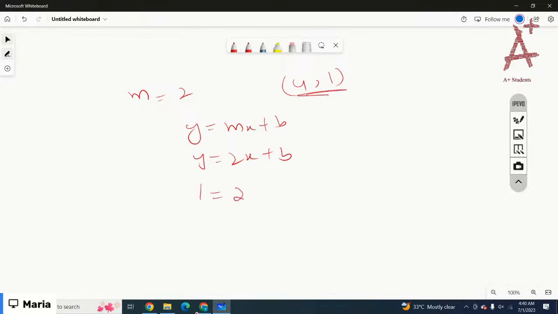Put this point in the equation: 1 equals 2 times 4 plus b. 1 equals 8 plus b. Move 8 to the other side, 1 minus 8 equals b. So b equals negative 7. So the equation is y equals 2x minus 7.